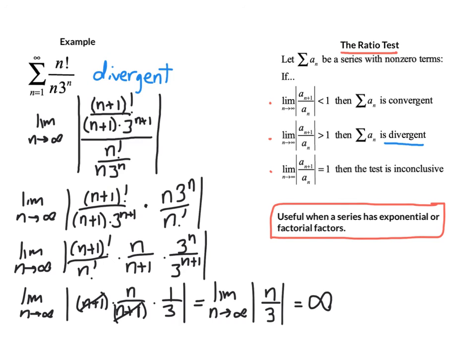And with all the other types of convergence tests defined up to this point, you'd be hard-pressed to formally prove that that is a divergent series without the ratio test. And it turns out as we move forward, there are lots and lots of series that are defined with the help of factorial and exponential factors. So the ratio test becomes a very, very important convergence test as we're dealing with these infinite series.